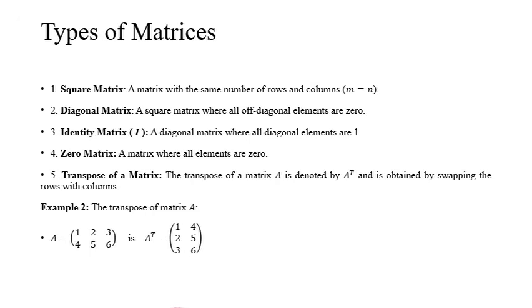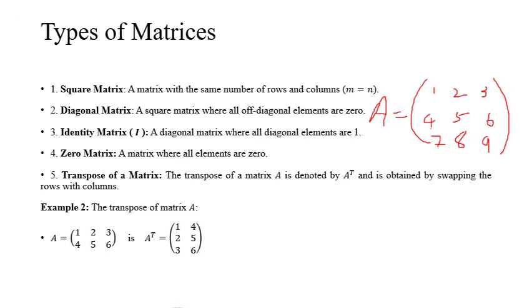Okay, so let's say you have a matrix A equal to, and you have a square matrix, let's say 1, 2, 3, 4, 5, 6, 7, 8, 9. So you can see that this matrix has 3 rows and 3 columns. This shows that this matrix is a square matrix.